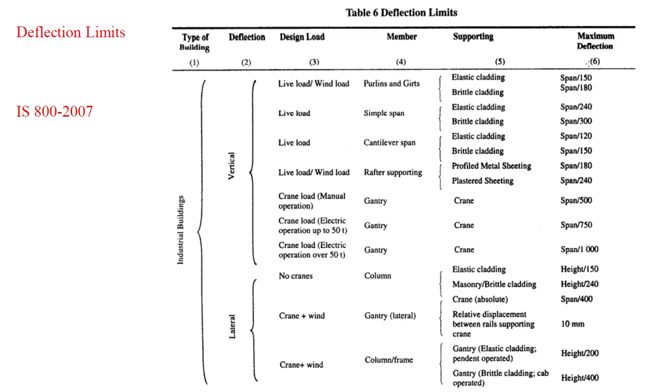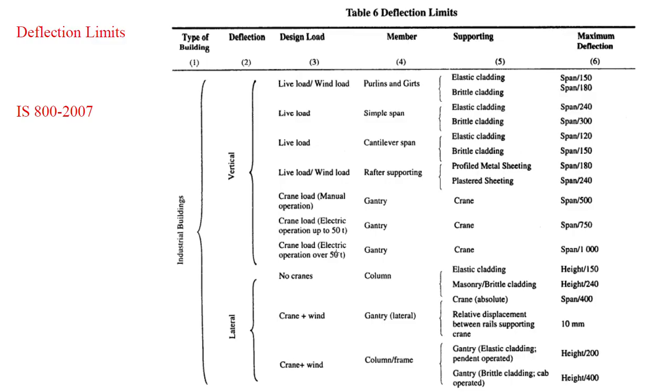Then we take the maximum deflection for elastic cladding as span by 150 and for brittle cladding as span by 180. That is also an assumption you can make for this deflection check. For live load on a simple span, for elastic cladding and brittle cladding, we take span by 240 and span by 300.